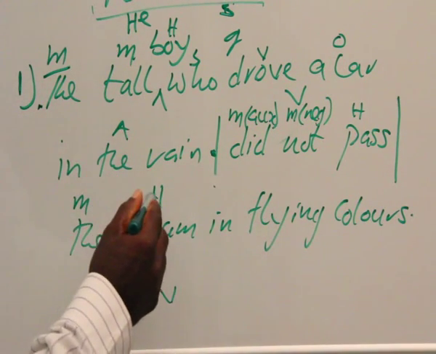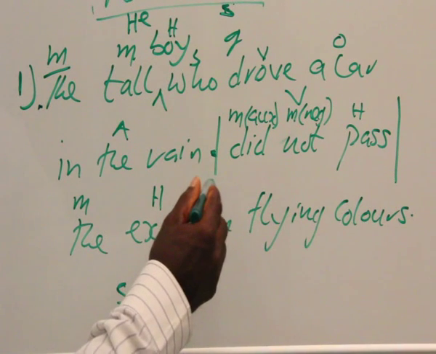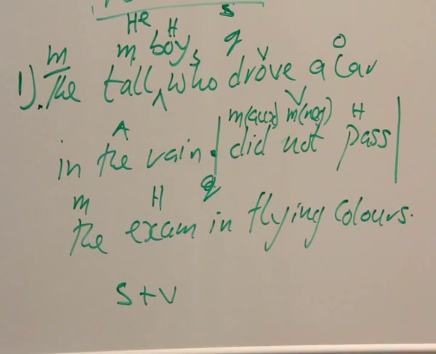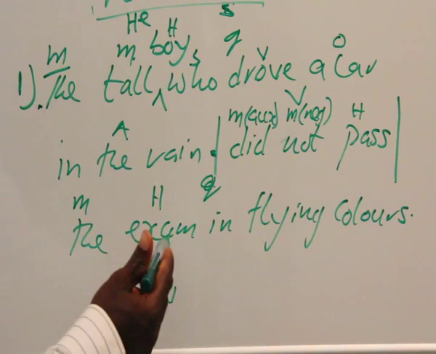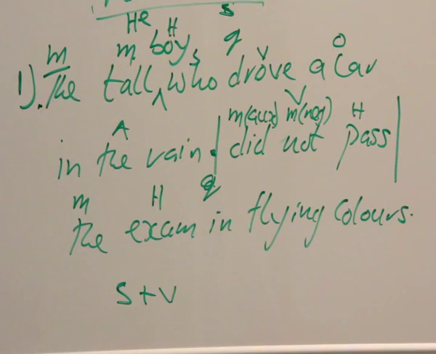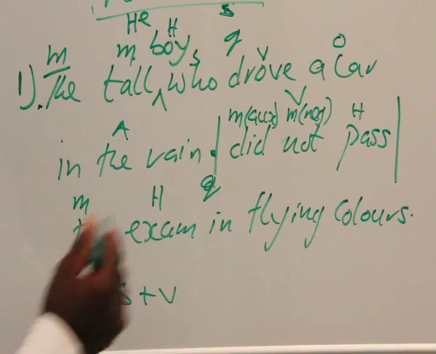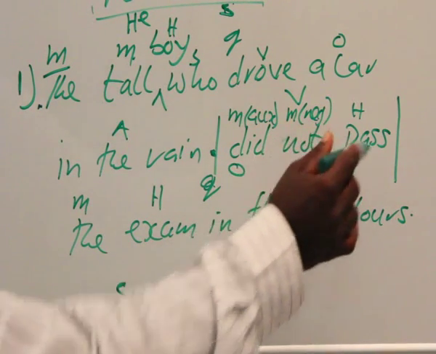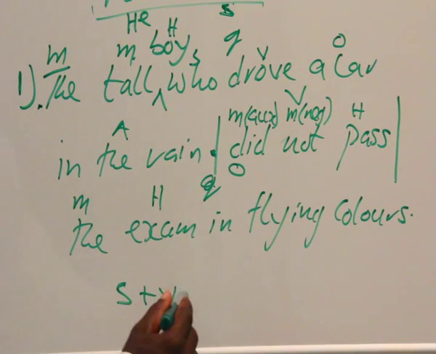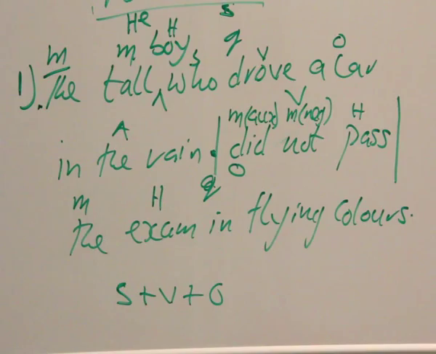So in the end, we'll have the head, and we'll have a qualifier here. The qualifier is a prepositional phrase, which can also be called an adjective phrase, because it's modifying, describing the noun exam. But this structure is an object, is the object of passed. So eventually what we'll have is an SVO.